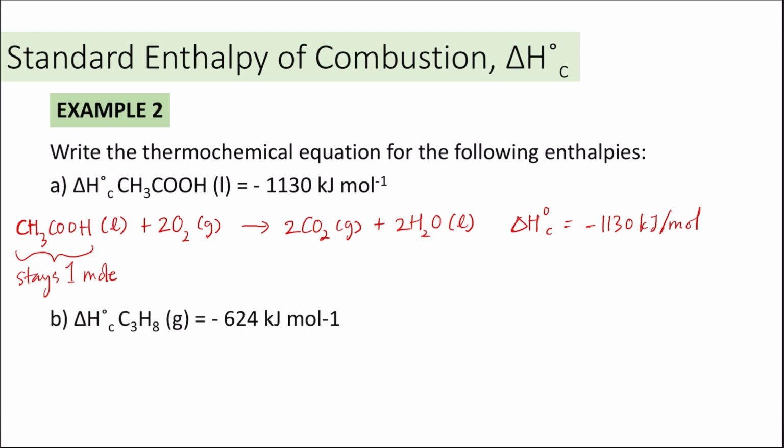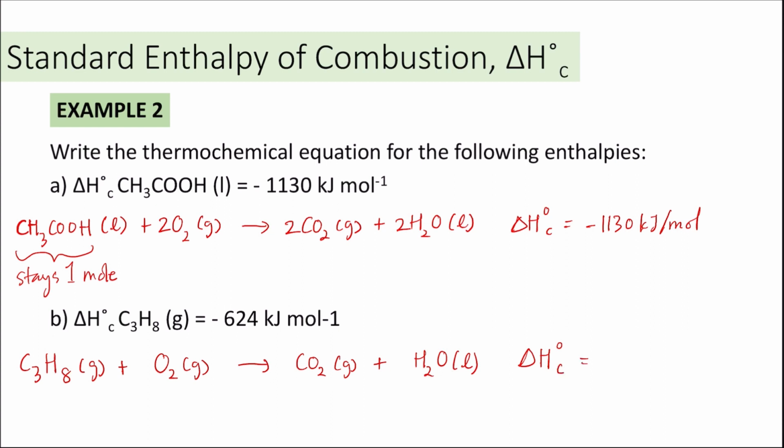Let's try one more. So, saya ada C3H8. So, saya burn C3H8. Phase dia adalah gas plus oxygen gas. It will produce CO2 gas plus H2O liquid. Delta H0C adalah nilai diberikan negative 624 kJ per mol.